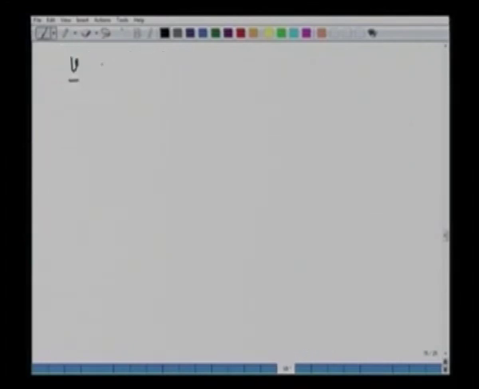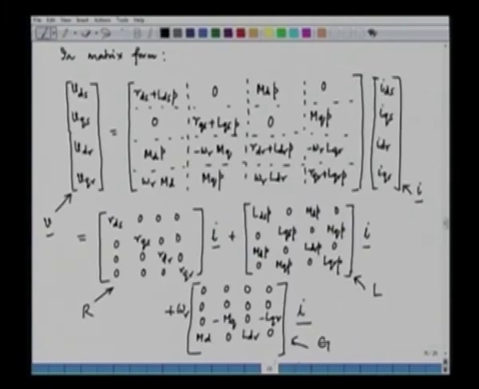So we can rewrite the equation once again. V is equal to R into I. This is a capital R I can write here.